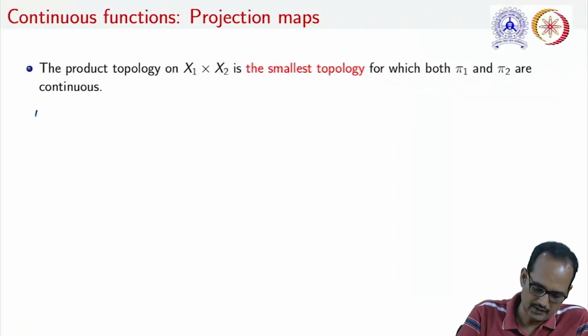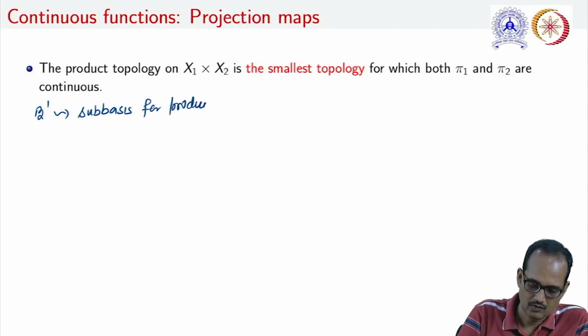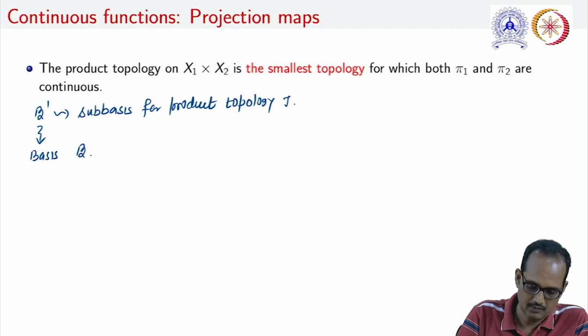Also, as this b dash is a subbasis for the product topology tau, we can find a basis from it. Let us take that basis to be B. Now if we are taking any B belongs to this basis, what will happen?